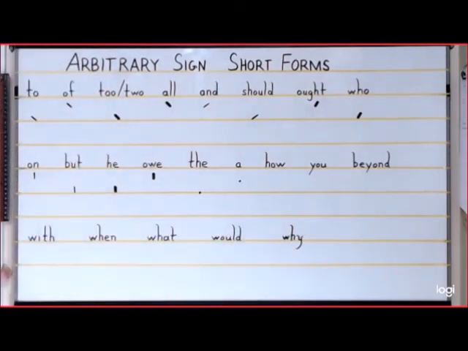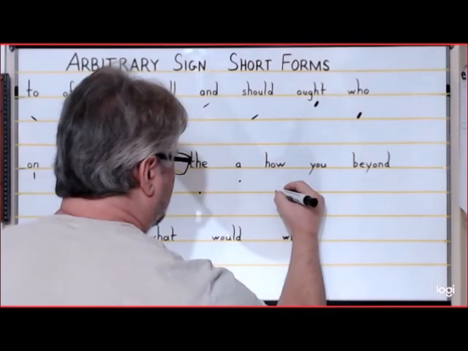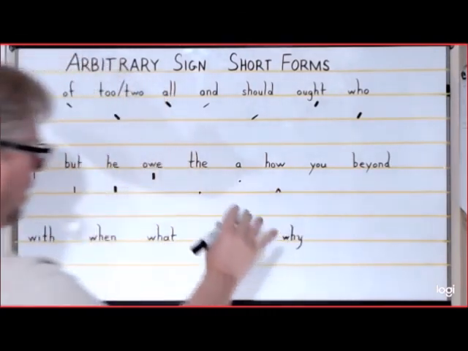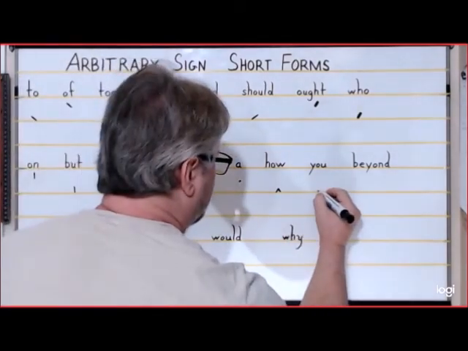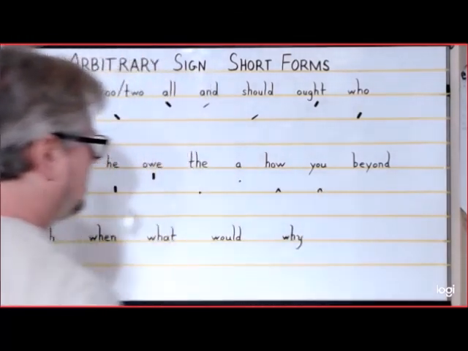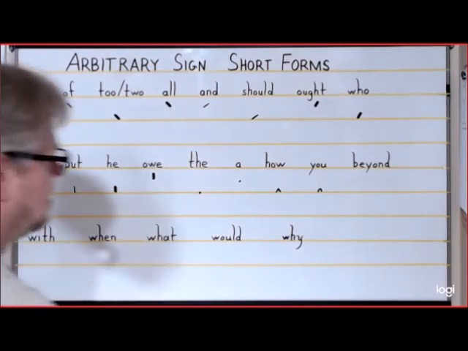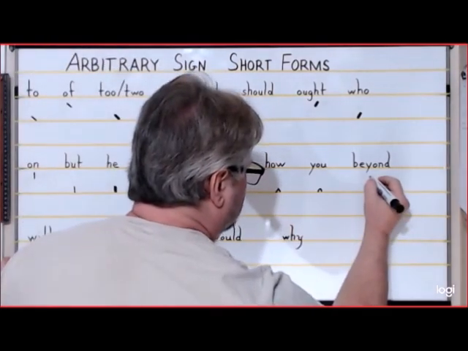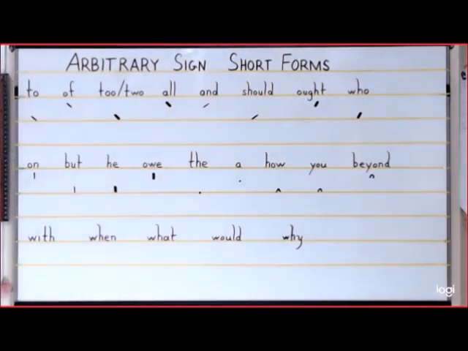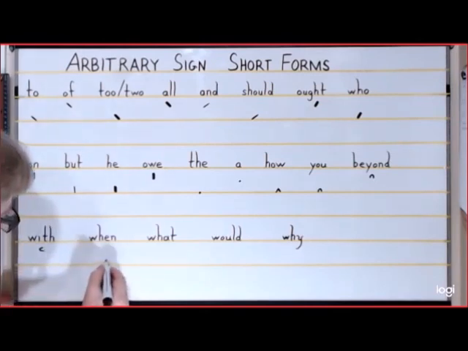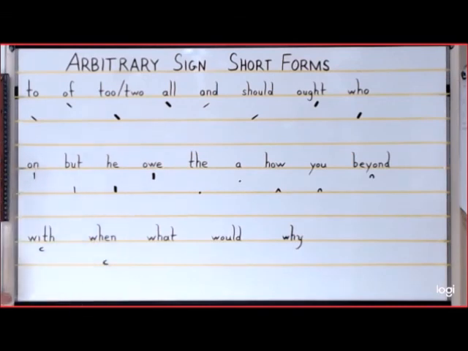The word how will look like a small upside down V written on the line. U will look like an upside down U written on the line. The word beyond is an upside down looking U written above the line. The word with will look like a C, but above the line. The word when will look like a C written on the line.